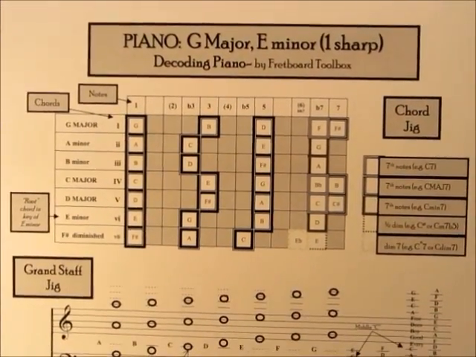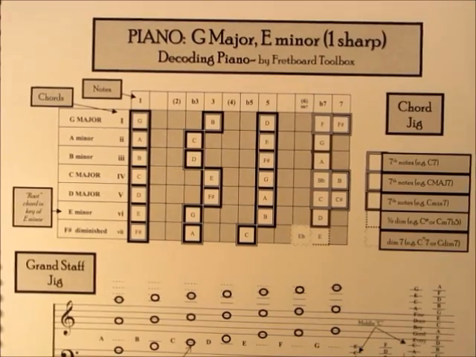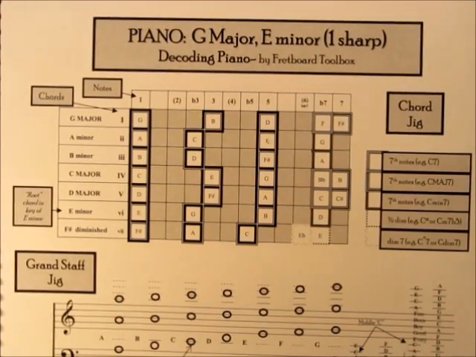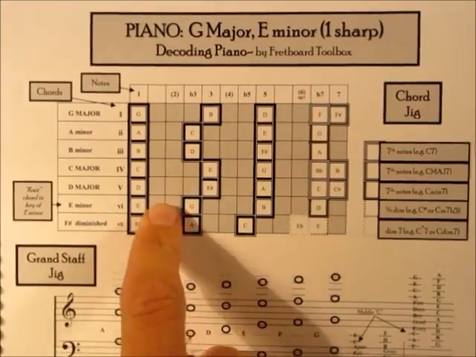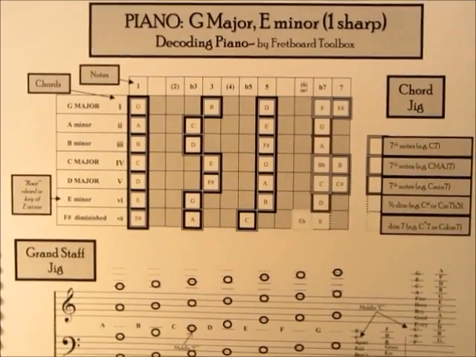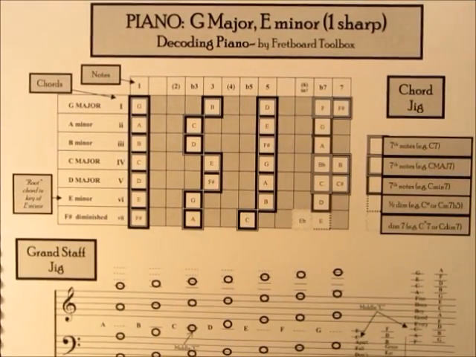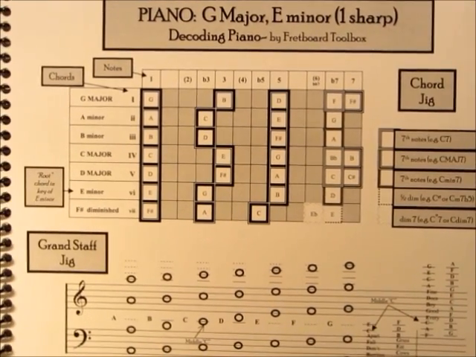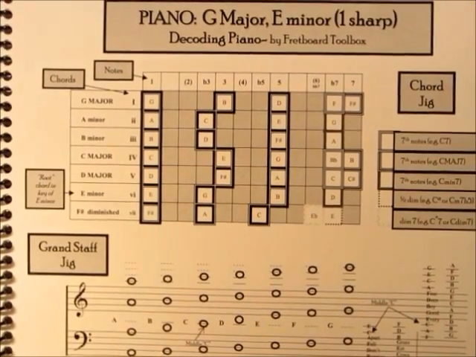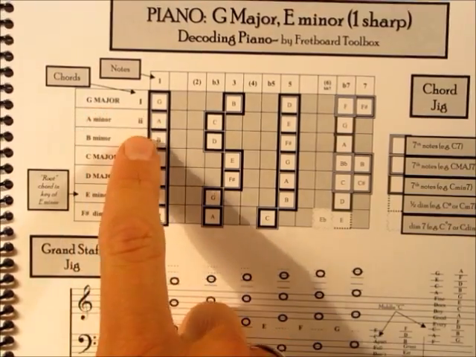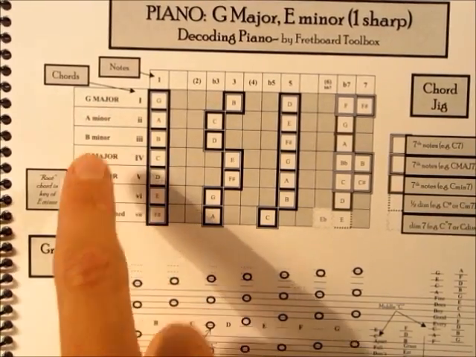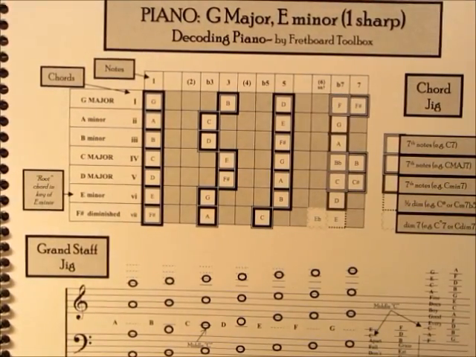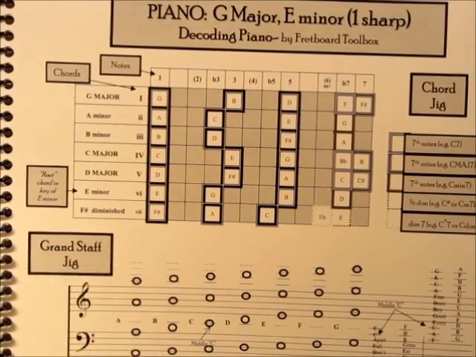Okay, so here's page 6, and if I was looking at a piece of music and it had one sharp in it, I would know that it's going to be in the key of G major or E minor. And those two keys use the same chords, they just have some different names. Like in the key of G major, G is your 1 chord, A minor is your 2 chord, B minor is your 3 chord, and songs keep coming back to that G major.